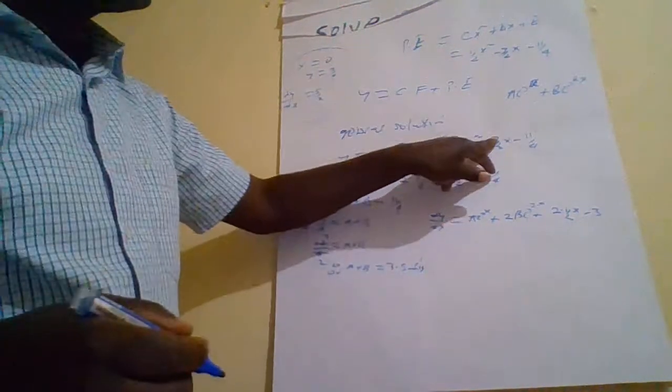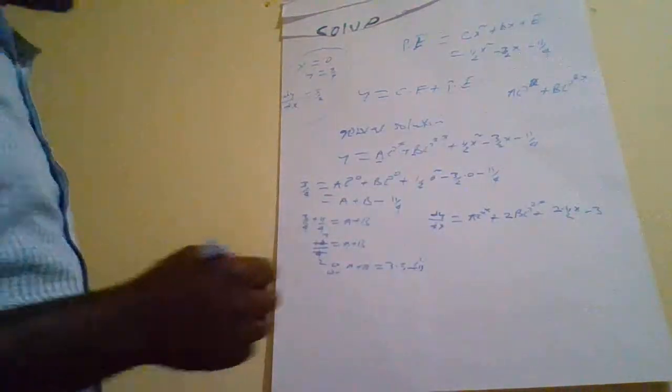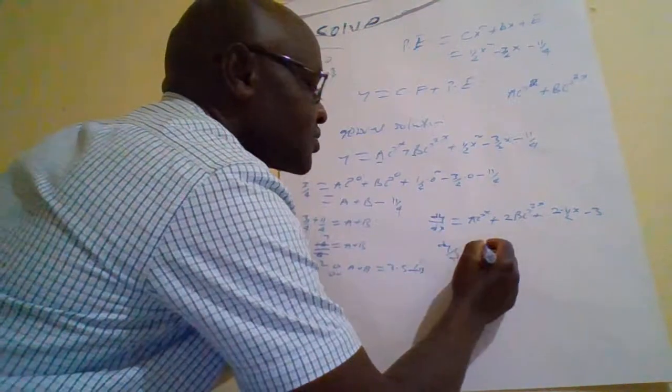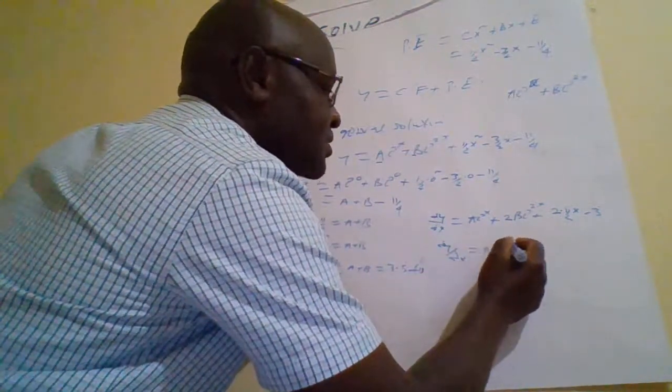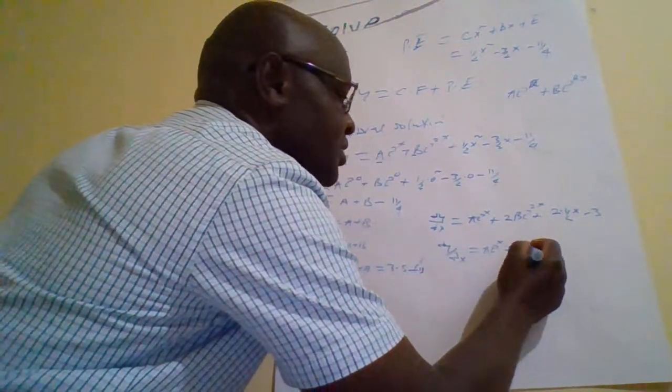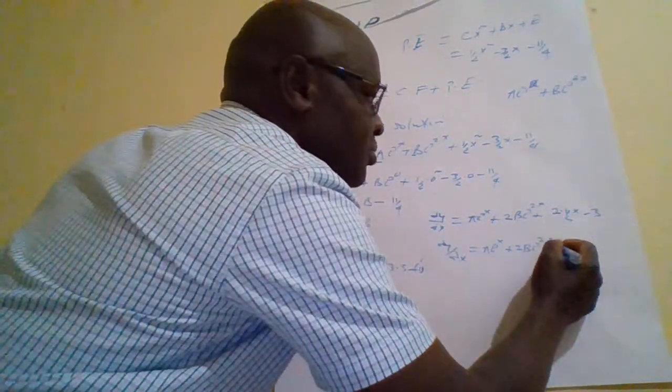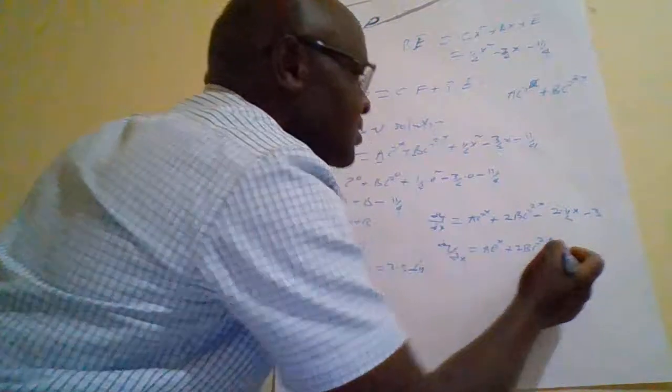When you differentiate 3/2 x, you get that. So dy/dx equals a^x plus 2b^(2x) plus x minus 3/2.